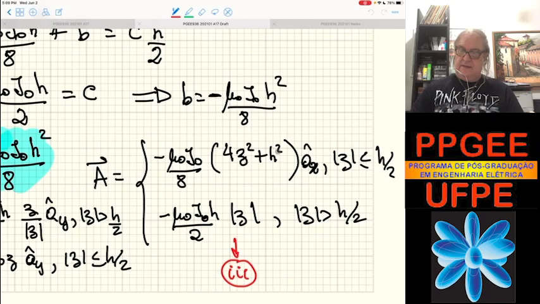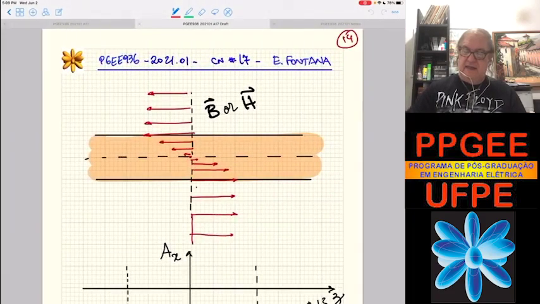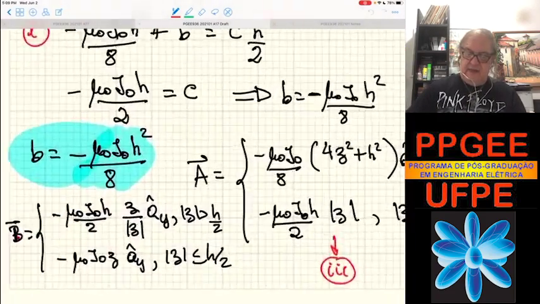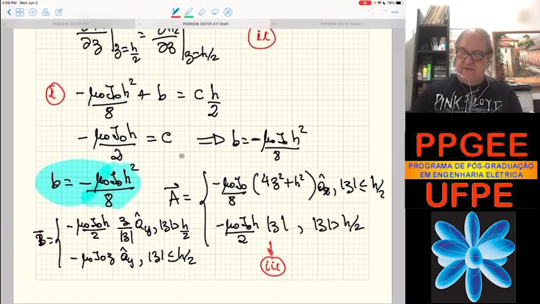What is this H2 here? We have a B that's different from this. Then we have that thing here, and outside we have a function like this. If you calculate the curl of A, you have the B field.